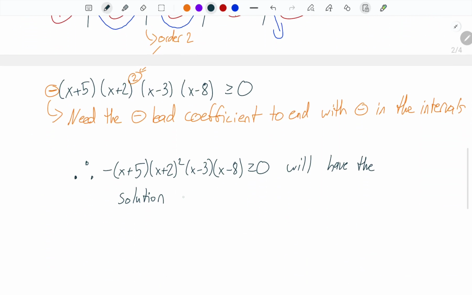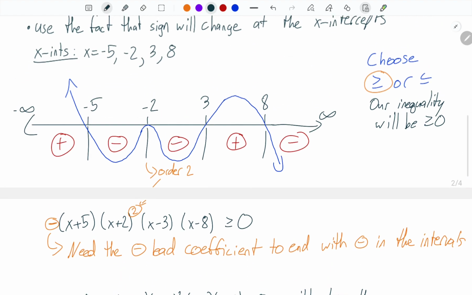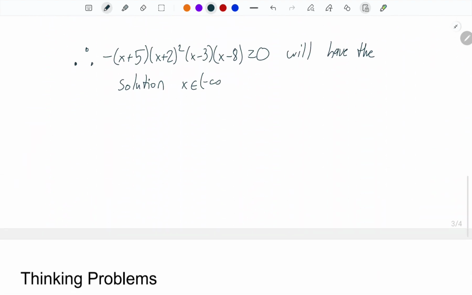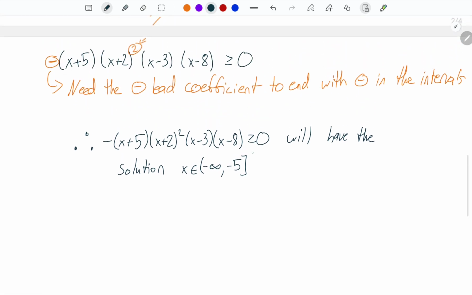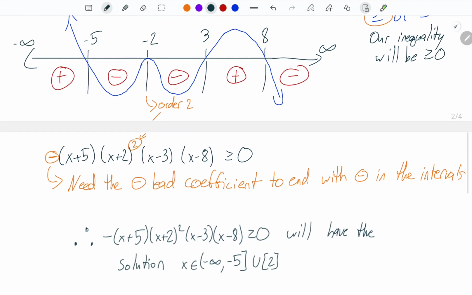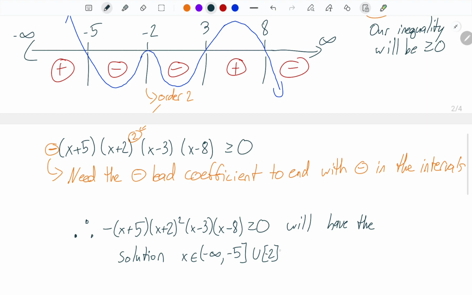Let's just remind ourselves. Negative infinity to negative 5 with a closed bracket, union negative 2. It's just a single point, so that's why it's just the single number. It's not really an interval, and it should be negative 2, not just 2. And then from 3 to 8. And that matches what we wanted.